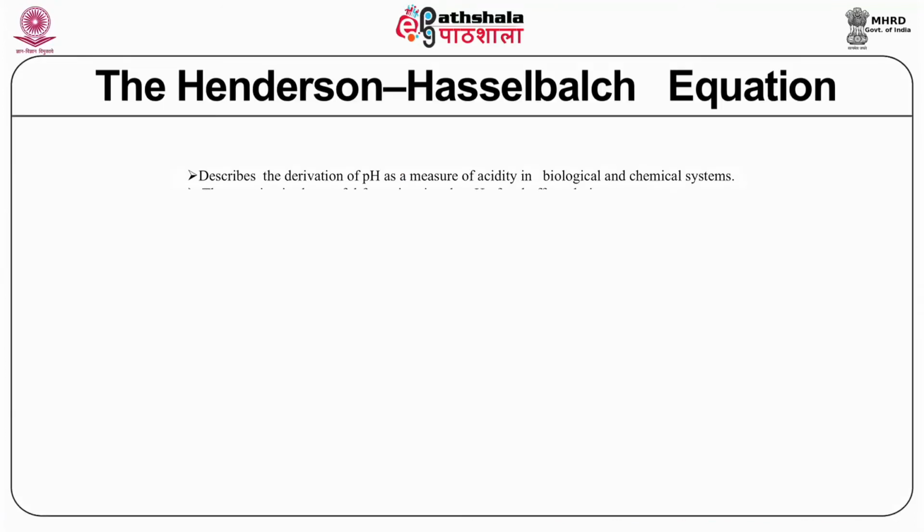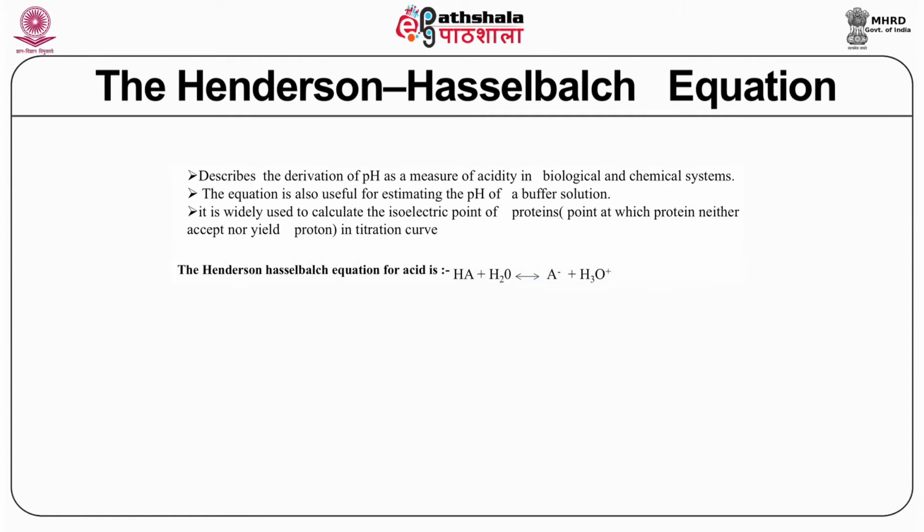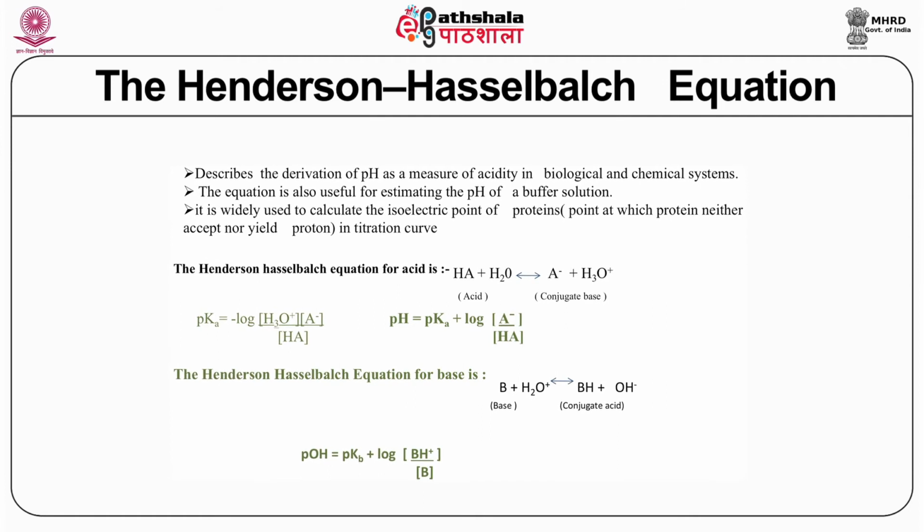So the Henderson-Hasselbalch equation, I have shown, you can do for acidic or basic. For example, HA, any acid in water, gives a hydronium ion and A minus, and therefore the pH can be calculated as pKa, that is the acid ionization constant, plus log A minus by HA. So, this is the Henderson equation.